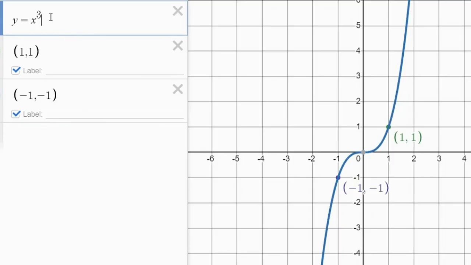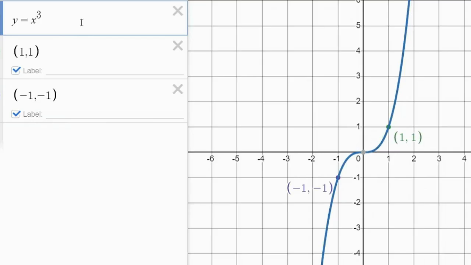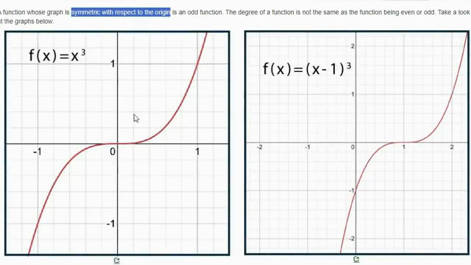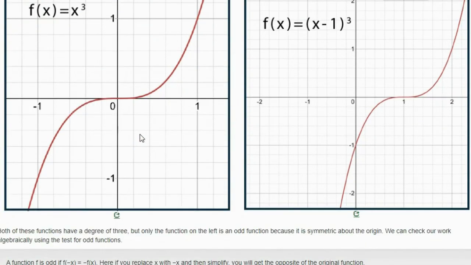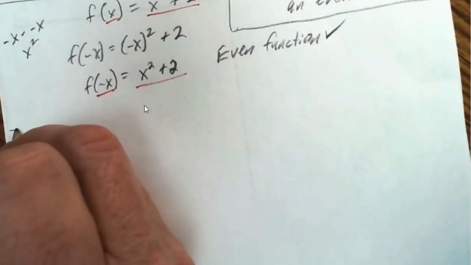Now, if I change it to this, it's not odd anymore because that's not symmetric around the origin. It's symmetric around this point here, but that's not the origin. So this is not an odd function. This is an odd function. So odd functions have to be symmetric around the origin. All right, so we can check algebraically on that also.